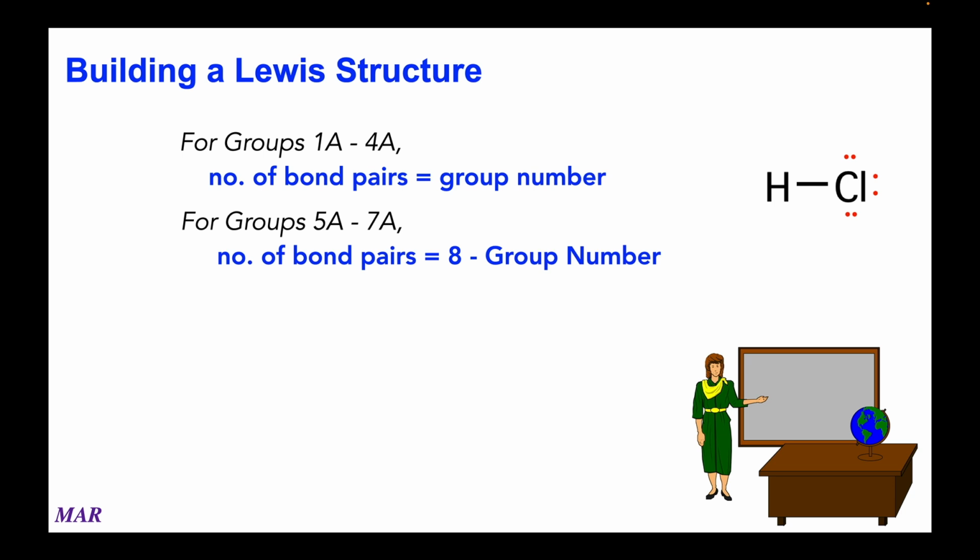So let's think about that in terms of HCl. Hydrogen is in group 1A. It has 1 pair around it, and that's actually really happy. On the other hand, chlorine is in group 7A. So 8 minus 7, it wants to have 1 bonding pair, and that makes it pretty happy. And that's a pretty good rule overall.